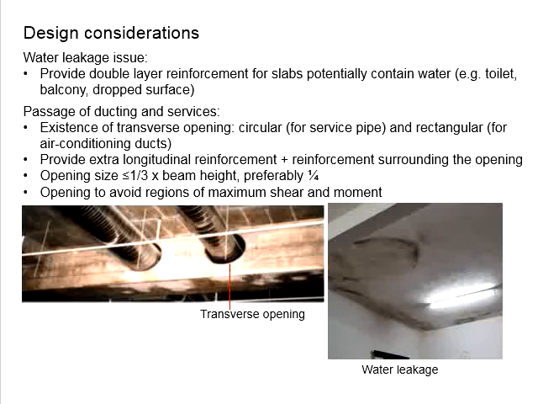Sometimes this water leakage issue may not fully surface during the defect liability period, which typically is within the 12 months after the building is handed over to the client.